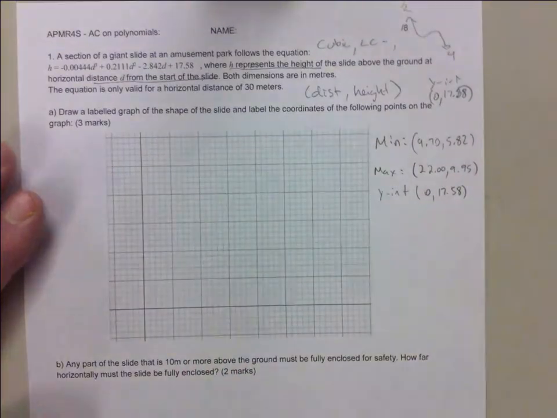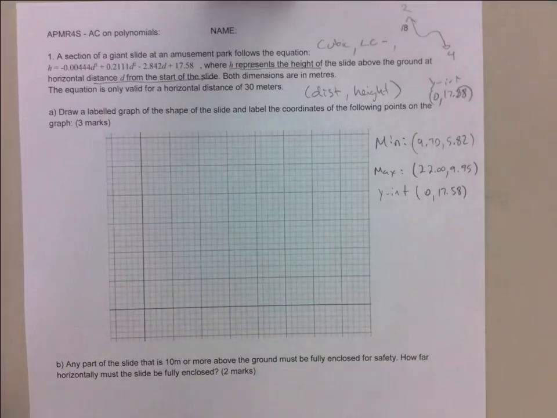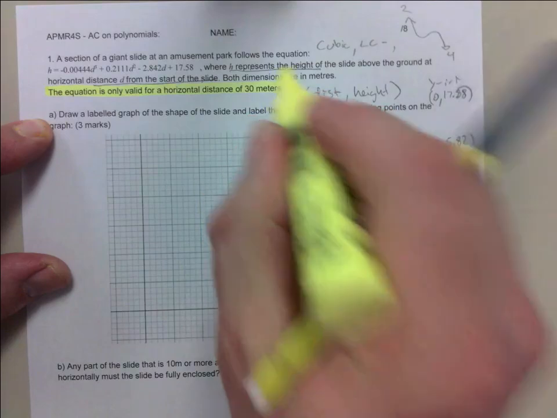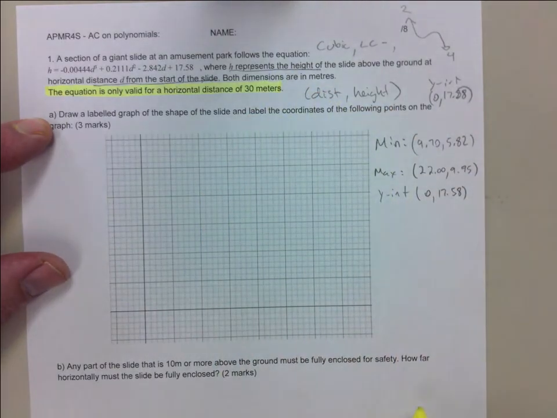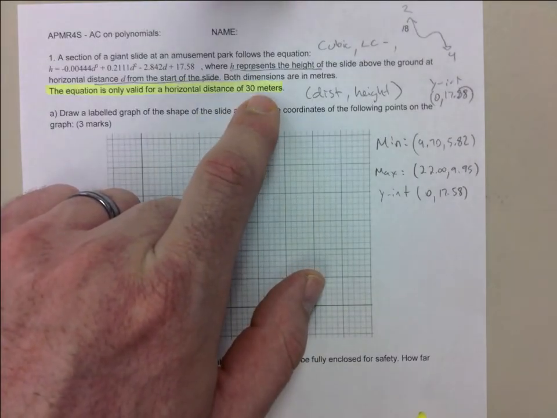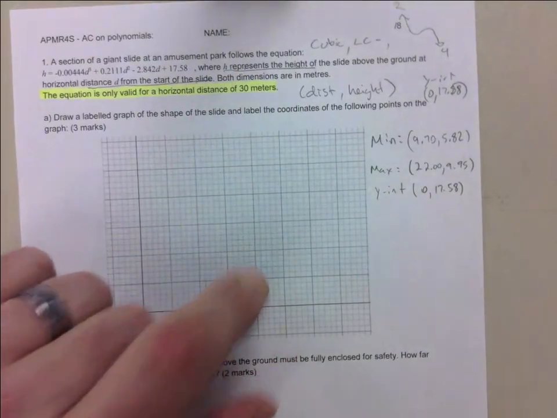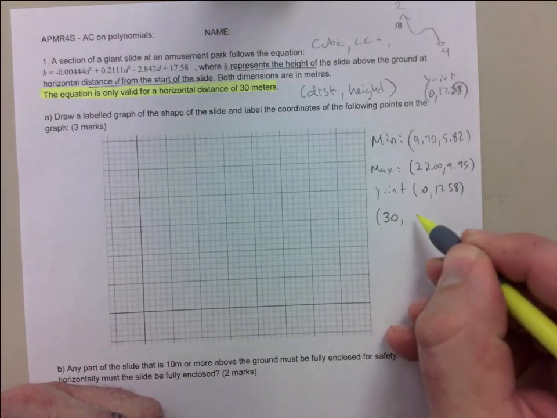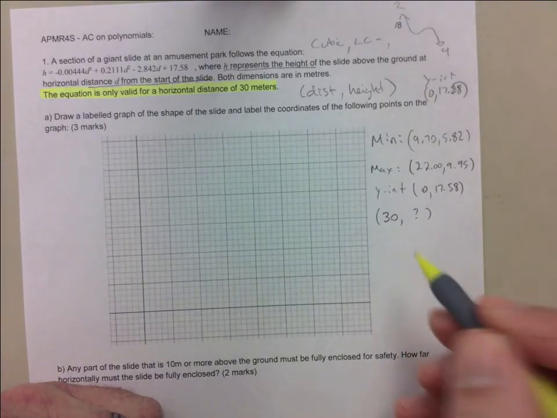But this question adds something to it. What does it say right here? I don't know if you read it, right? The equation is only valid for the first, like a horizontal distance of 30. Okay? So that means that when x is equal to 30, I need to figure out what the y is.